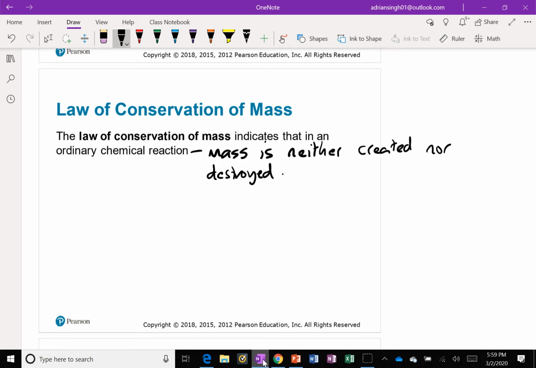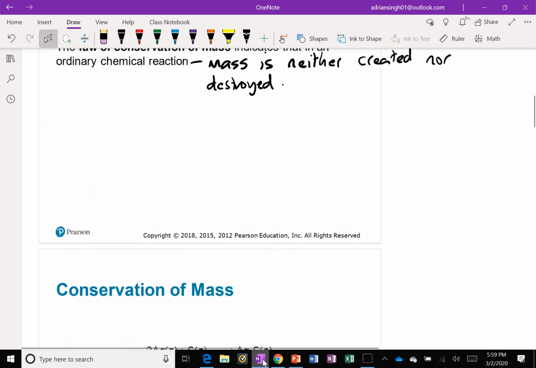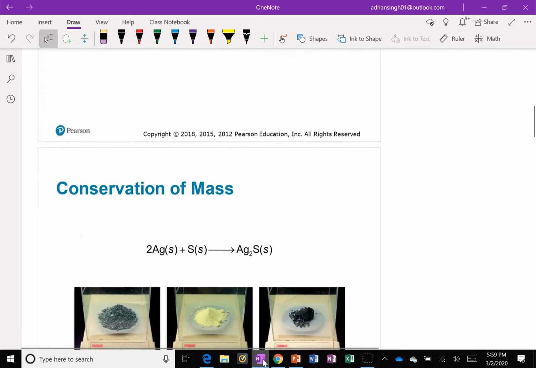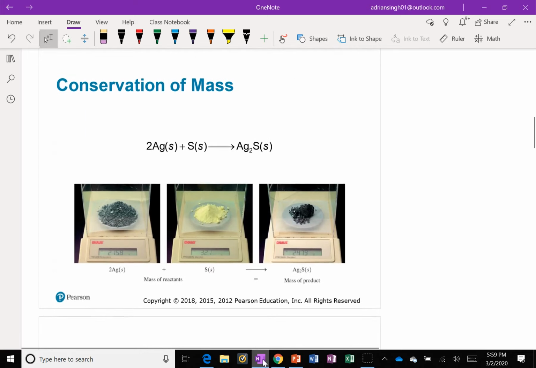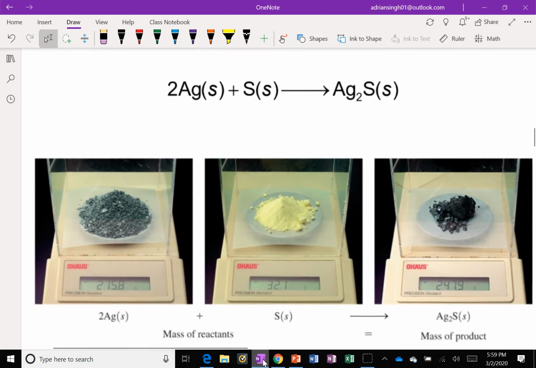We can also take that idea and apply it to the actual masses of the reactants and products involved. We can say that the total mass that you start with should equal the total mass that you end with. So for example, take the reaction between silver and sulfur to make silver sulfide.